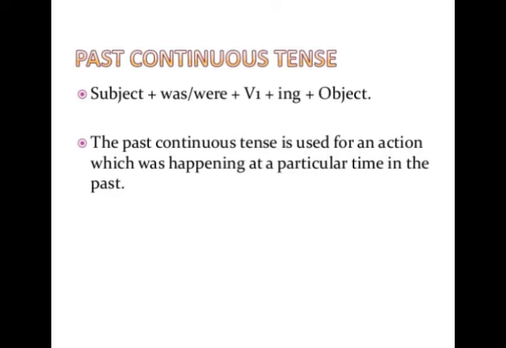Kids, we use past continuous tense for an action which was happening at a particular time in the past. मीन्स पास्ट में एक पर्टिकुलर टाइम में कंटिन्यूशन में कोई वर्क हो रहा था, उस जगह पे हम पास्ट कंटिन्यूस टेंस यूज करते हैं. Okay, and in past continuous tense we use was for singular while were is used for plural.